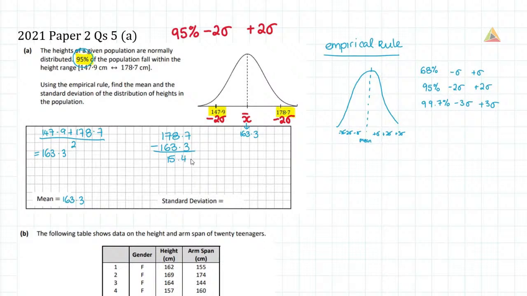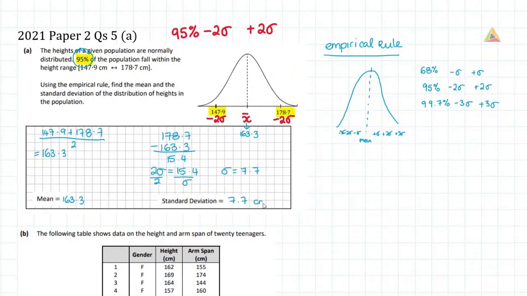So that means that 15.4 is 2 standard deviations. So there's 2 standard deviations is 15.4 centimeters. So when we divide by 2, we're going to get our standard deviation is equal to 7.7.